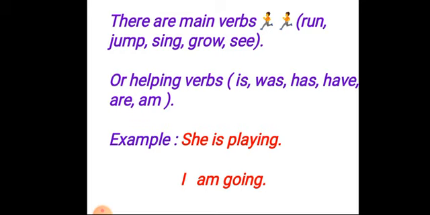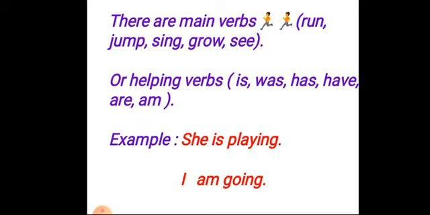So the main verb is talk. A main verb is the action that one is doing. That action itself is a main verb. I gave examples: run, jump, sing, grow, see. All these are main verbs. They are actions that we do.